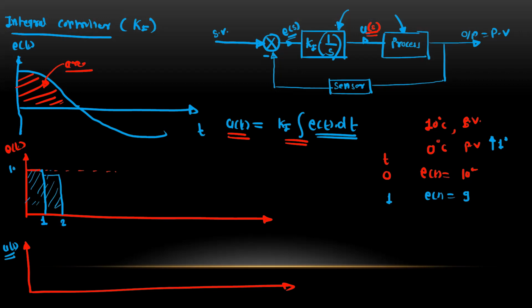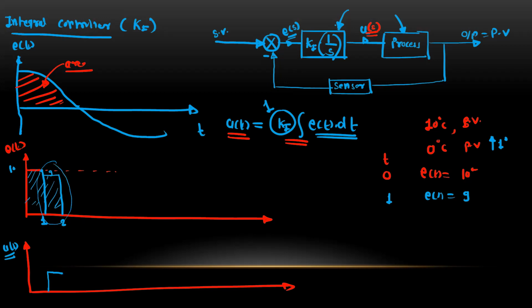Let us take the Ki value as 1. So after 1 second it will generate the output 10 into 1, and then it will control this process.